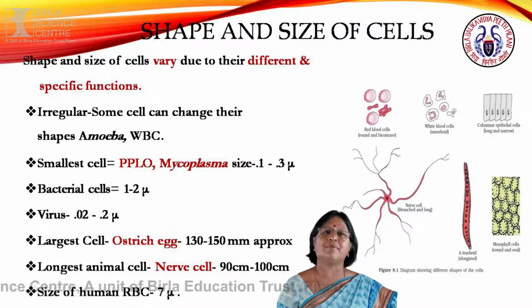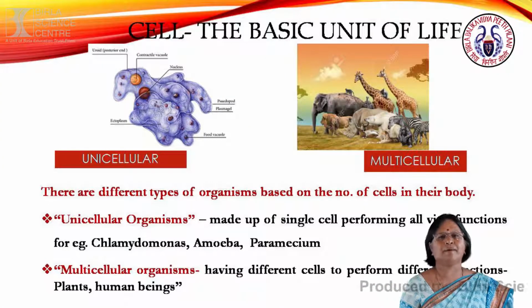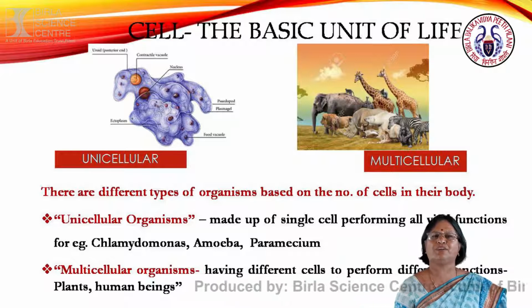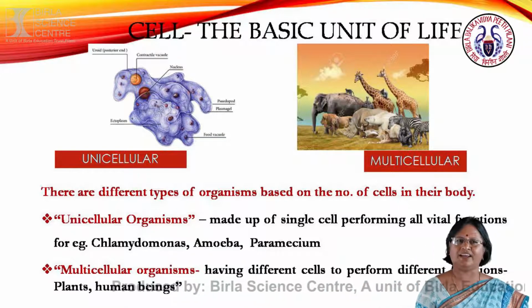It is 7 microns. Now this you have already seen, that the cells are divided into two different types depending upon the number of cells present in organisms, that is unicellular and multicellular organisms. Now let's see what's the difference between unicellular and multicellular organisms.